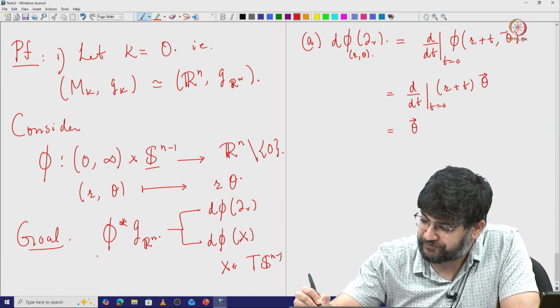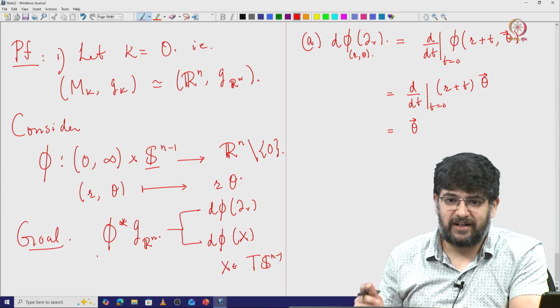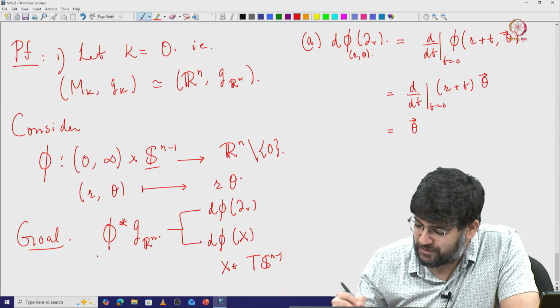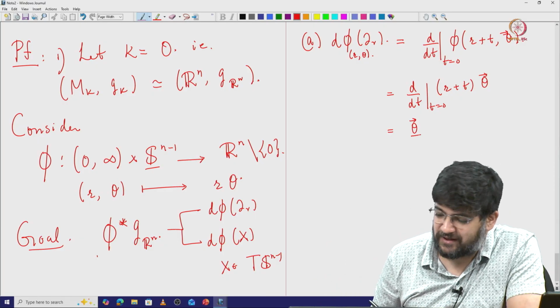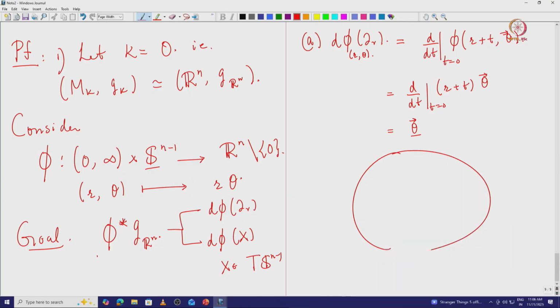Okay. So the derivative map takes the radial vector to this theta. Okay. So let me draw a picture. So let us say r theta is a point here, then the radial vector basically is mapped to this vector theta here. Okay.